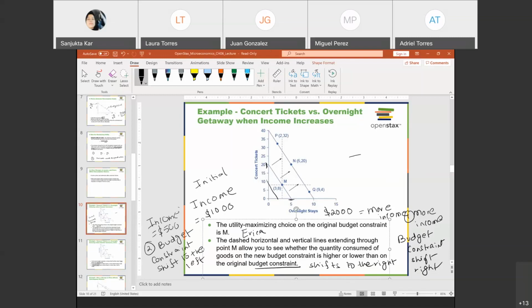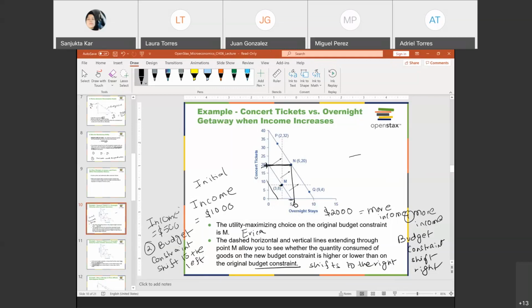Now she was at point M here, where she was buying 3 concert tickets and 8 overnight stays. So she can move from point M to point N, where she's buying 20 concert tickets and probably 6 overnight stays.